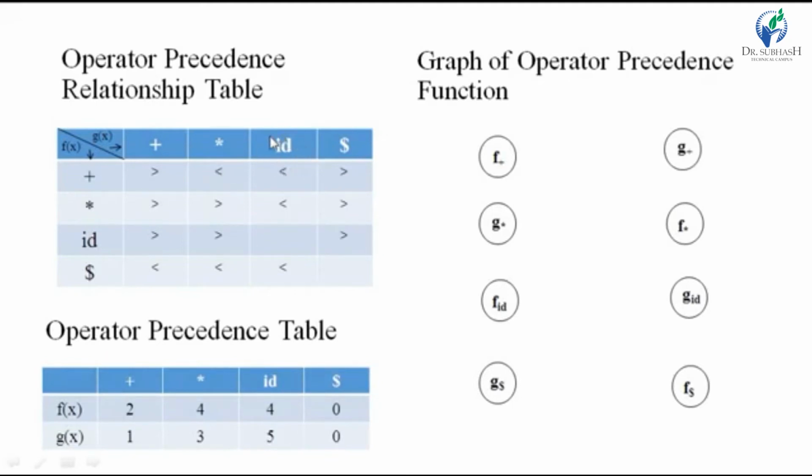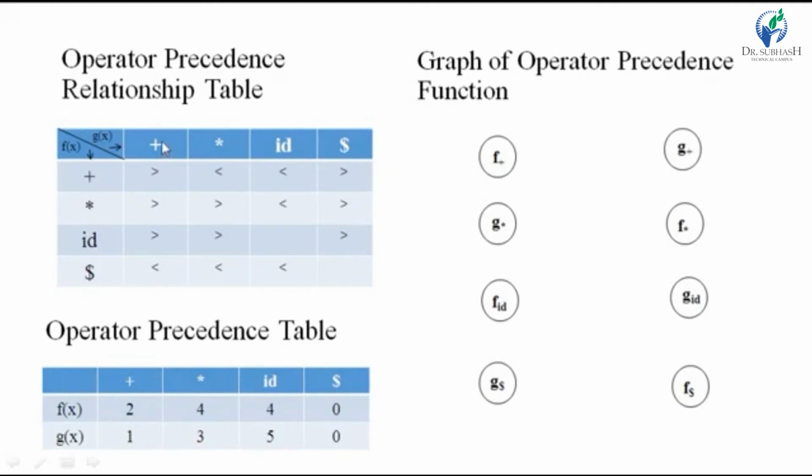Any identifier has maximum priority, so with any operator, ID is always greater. Any dollar sign always has lower priority, so any operator has a higher priority. So plus and dollar, plus has higher priority.